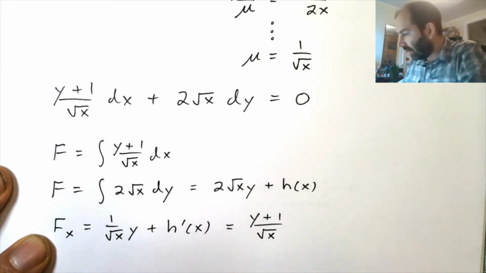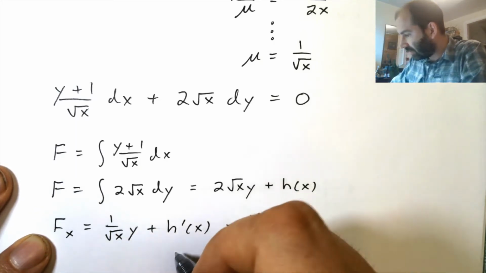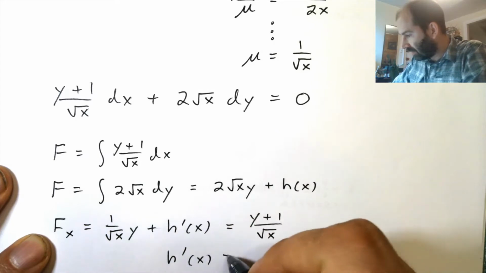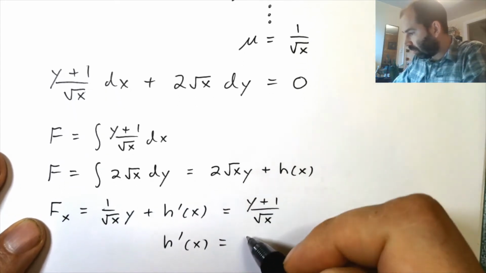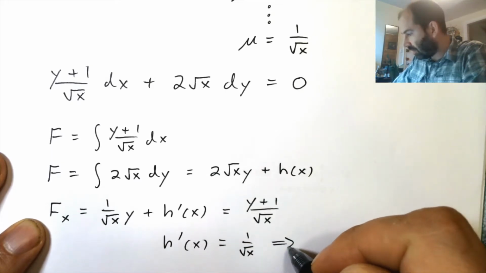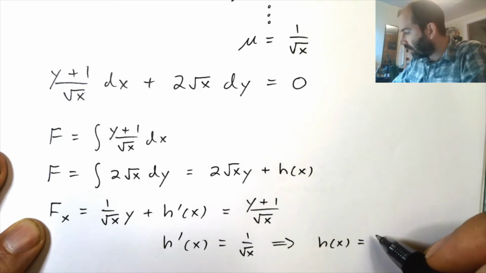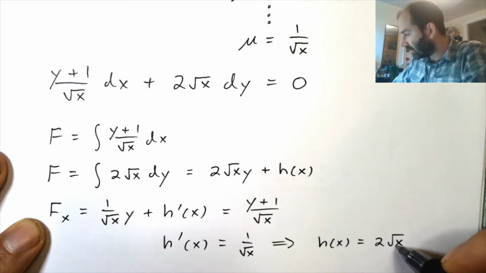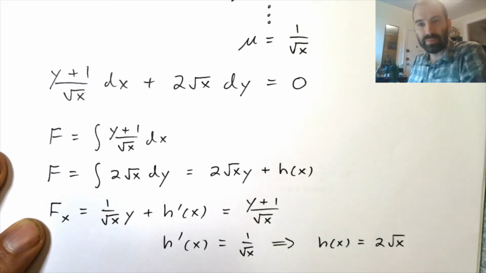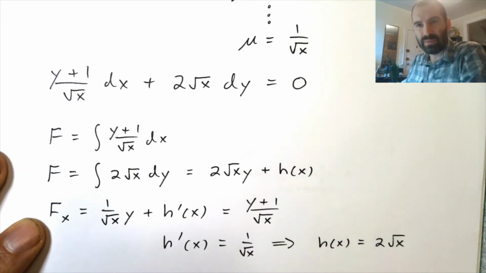Okay, so if I just subtract 1 over root xy from both sides, I see that h prime of x is equal to 1 over root x. So therefore, h of x must equal 2 root x. That's a different method than we used last time, but it works out the same way.